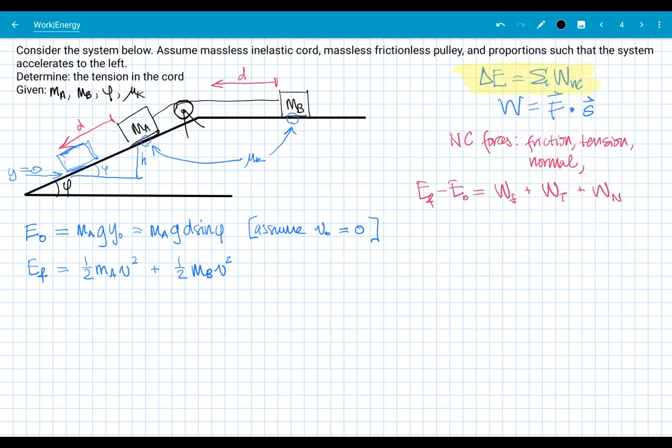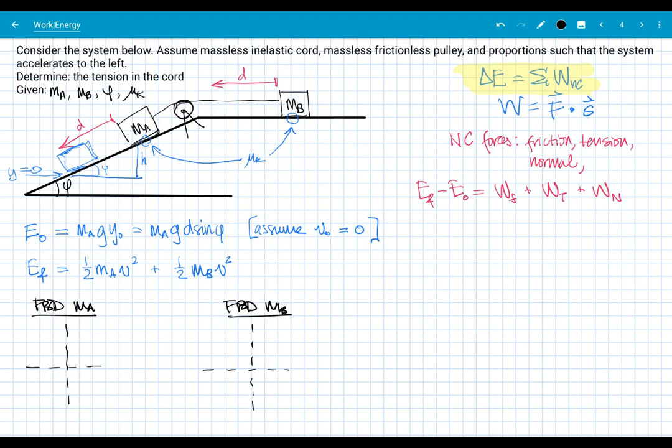Okay, so now I need to find the works, and that means that I need to draw free body diagrams, right? So a free body diagram for mass A, and then I'll draw a free body diagram for mass B here. They have different forces on them. They're different bodies. I need two diagrams.